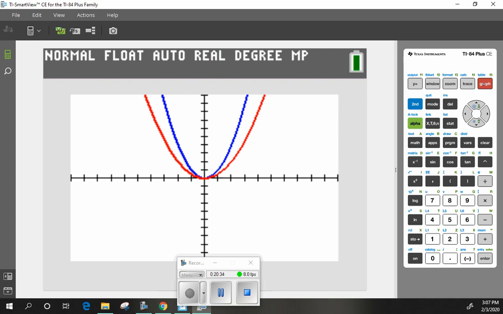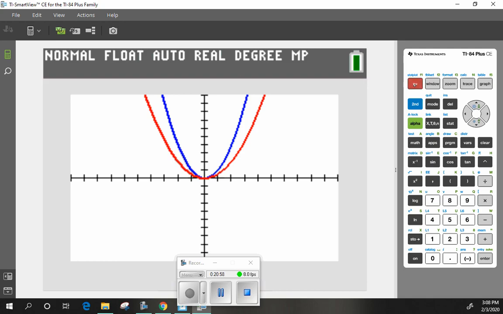Let's talk about what changed and what didn't change. The vertex is at exactly the same location. The axis of symmetry is at exactly the same location. It's still opening upward. But having that 0.5 on the outside as a leading coefficient changed how wide our parabola was. In fact, it made it wider.